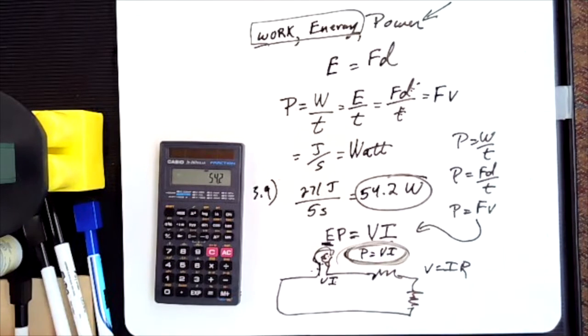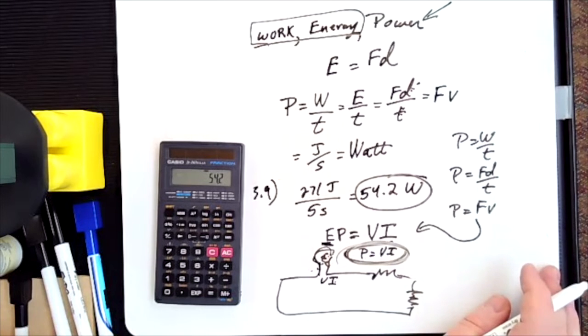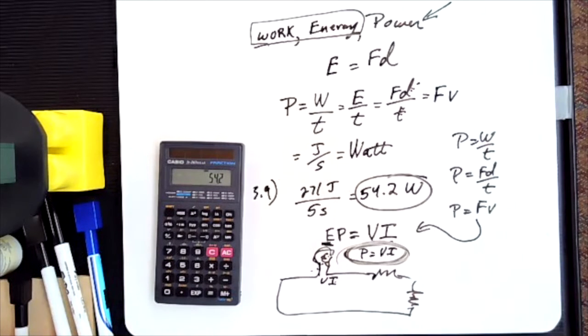By the way, we used to have a different measure of power instead of watts. Back in the olden days, the source of power was the horse, right? So we used to talk about horsepower. It was basically how much power a horse could do, and literally, that's what it was.